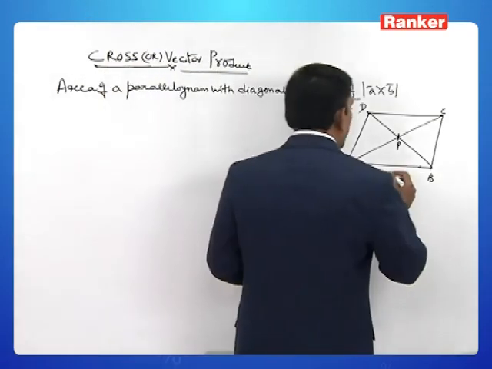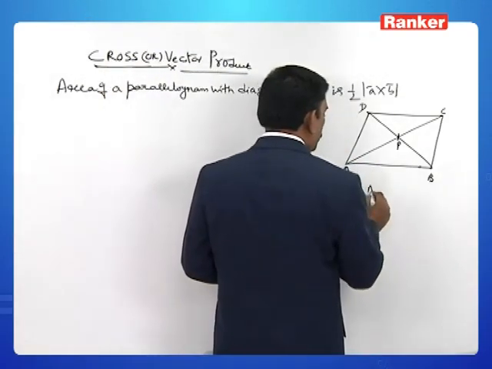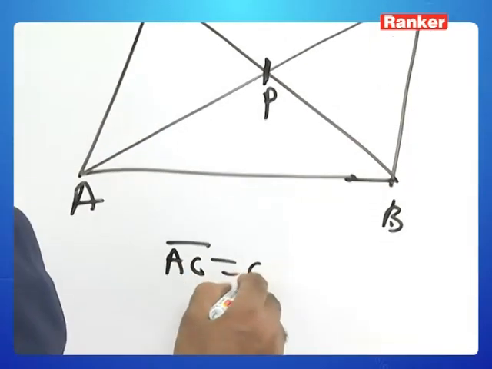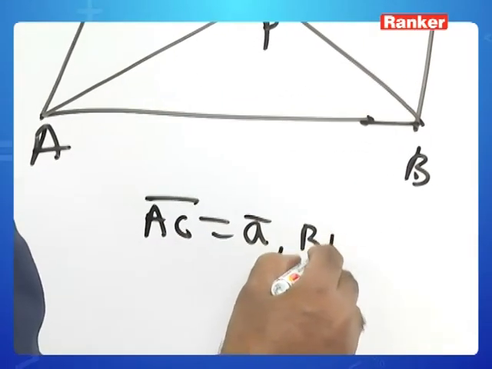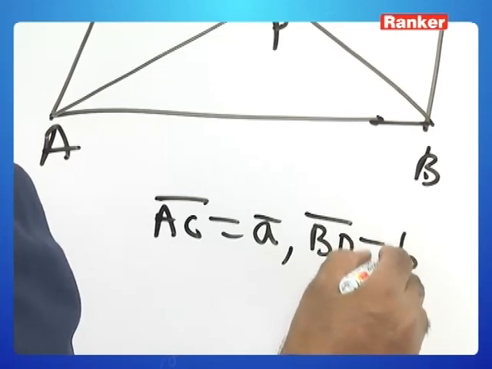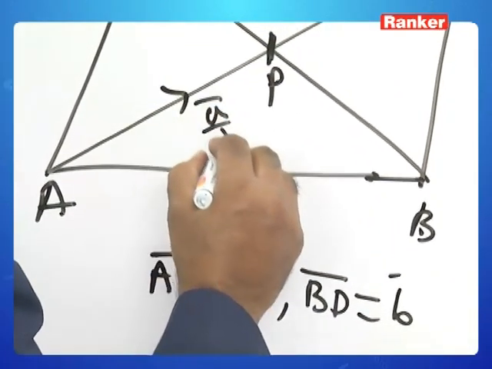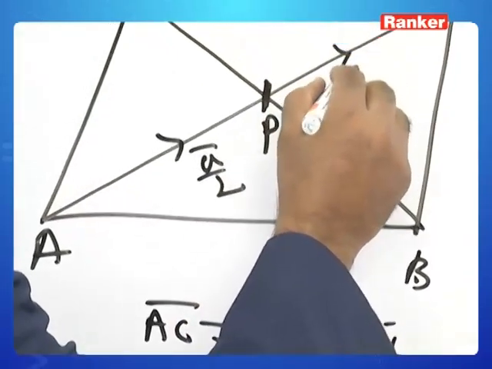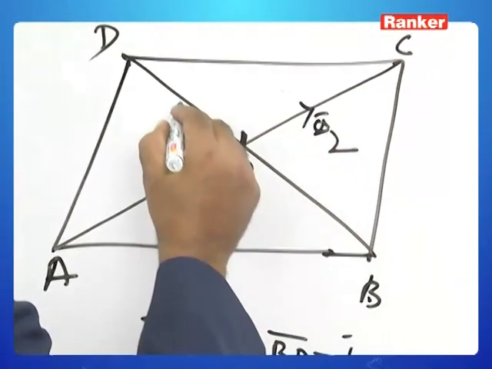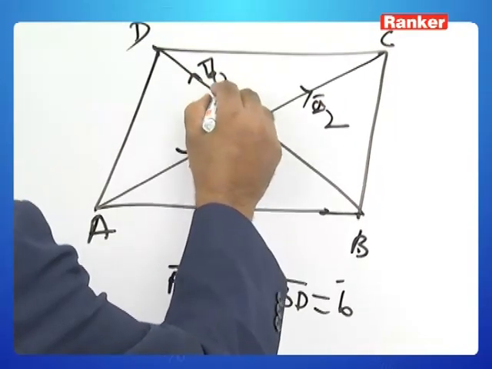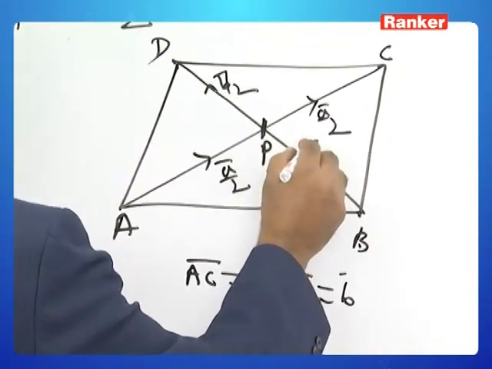So if I take AC bar as A bar and BD bar as B bar, this is A bar by 2, this also A bar by 2, this is B bar by 2, this is B bar by 2.